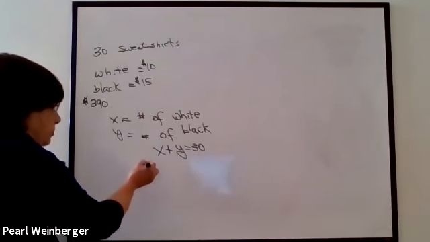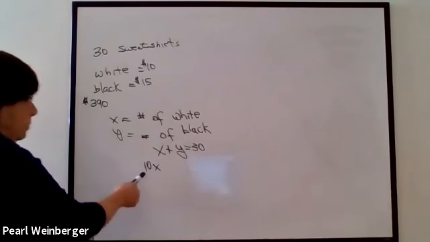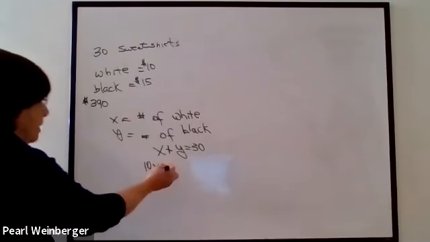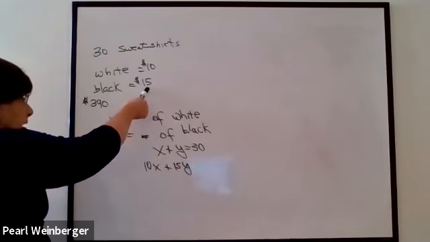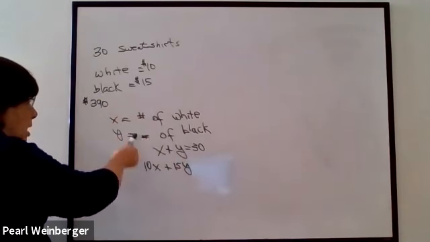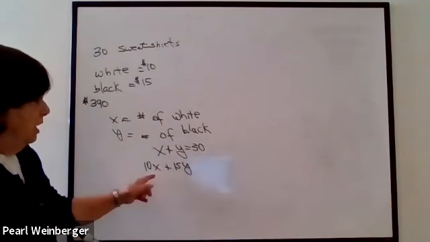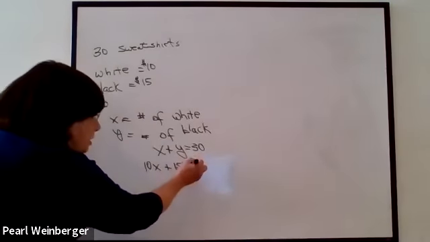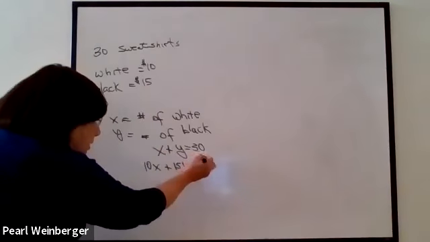So he made 10x on the white sweatshirts. On the black sweatshirts, he made 15y, because you take the number of black shirts, which was y, and multiply by the 15 that each one costs. If you add the 10x plus the 15y, that gives you the total amount of money he made, which is $390.